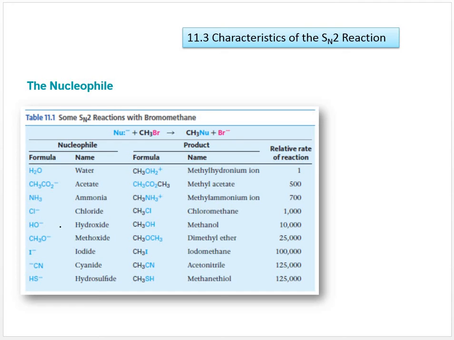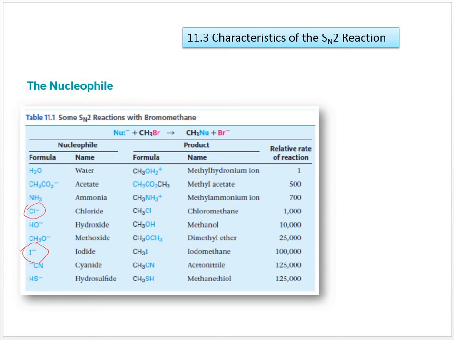Second effect: can we get some generalization in the periodic table? For example, the same group in the periodic table, 7A. Let's look at the nucleophiles in 7A, chloride and iodide. Which one is the better nucleophile? Iodide is the better nucleophile, or reacts faster with methyl bromide than chloride, right?